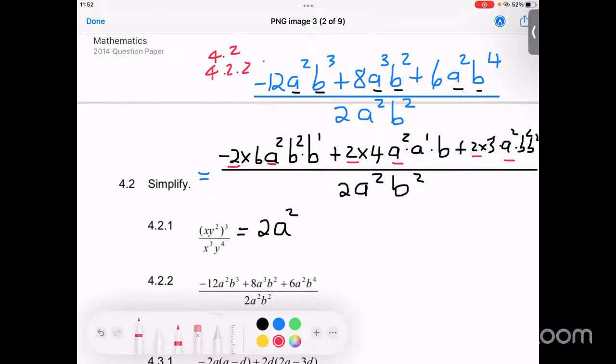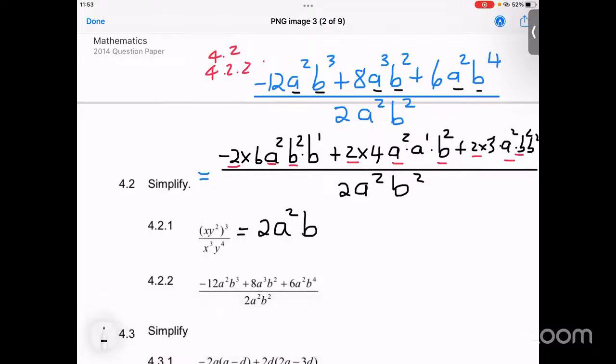What about b? I will take it as b squared because it's there. Wait, okay, it looks like I made a mistake there. It was supposed to be a squared there, and that b, I will take out as b squared, and I will also take out b squared there. So that means I will have b squared as well.